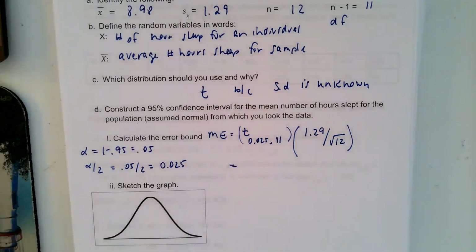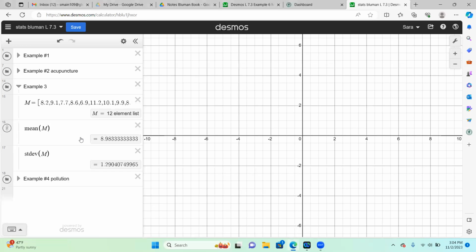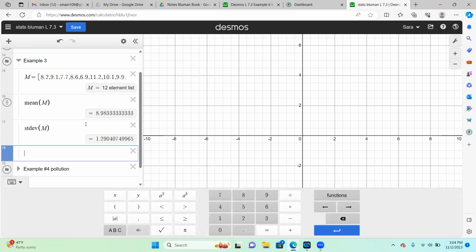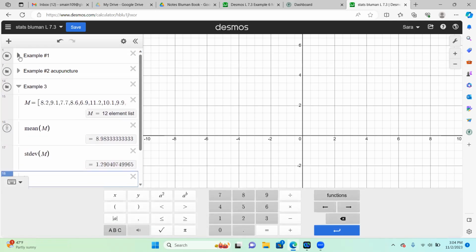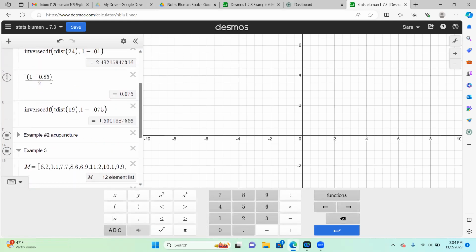So let's go to Desmos. I copied my data and I did a lot of work in there. For example 3, I found the mean and standard deviation to be there. And I can go up here and actually, from example 1, copy this, because then I know how to find my critical T value.